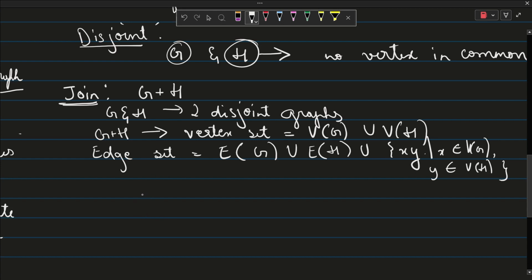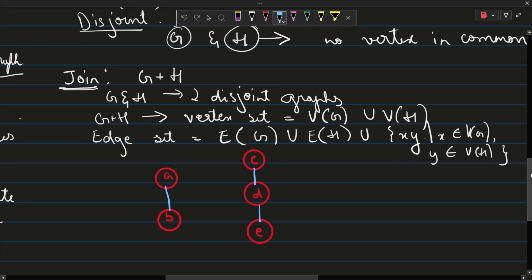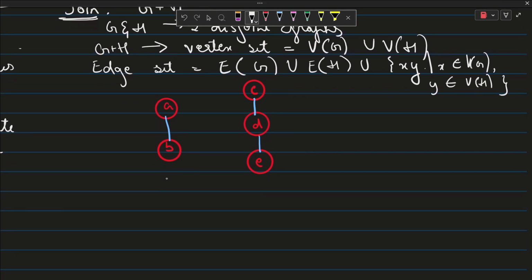For example, consider the following graph. Say this is G and this is H. So the join of G plus H will be something like this.